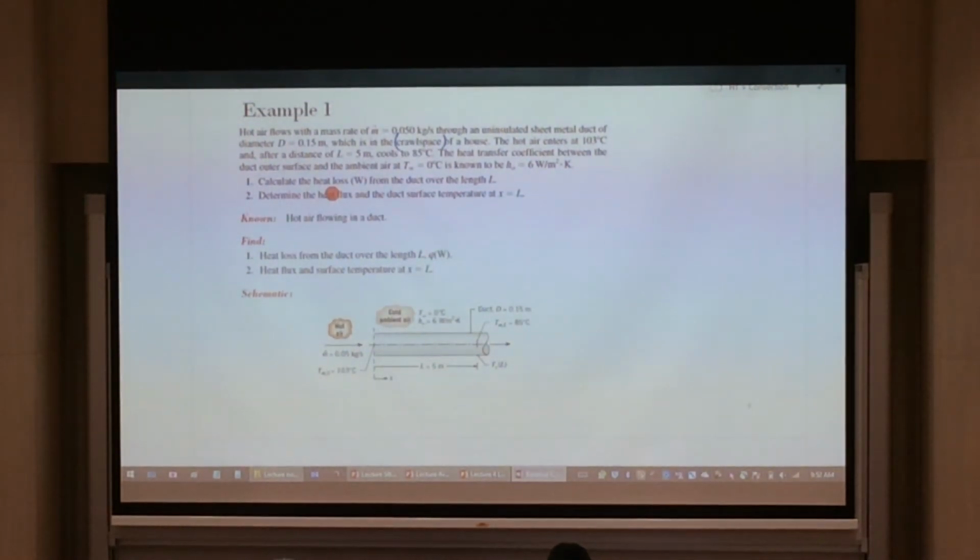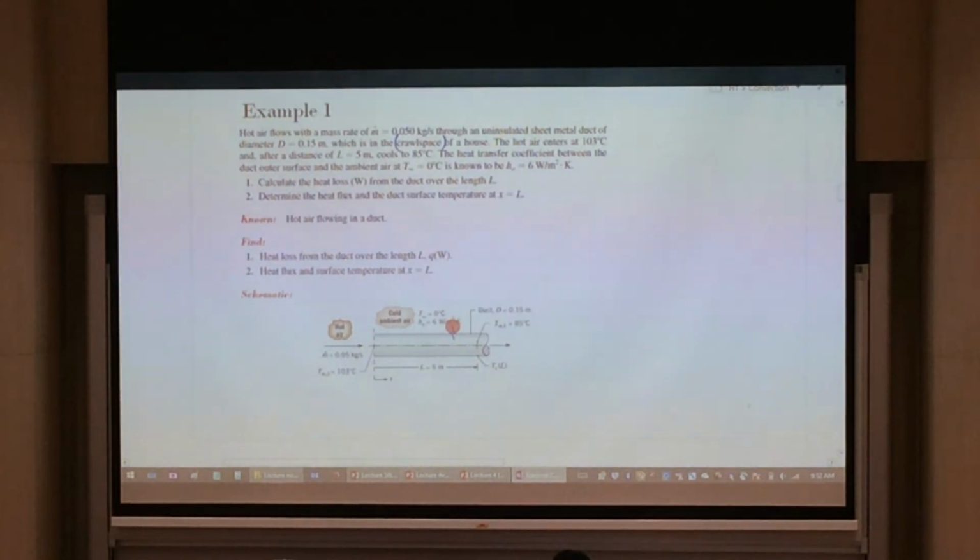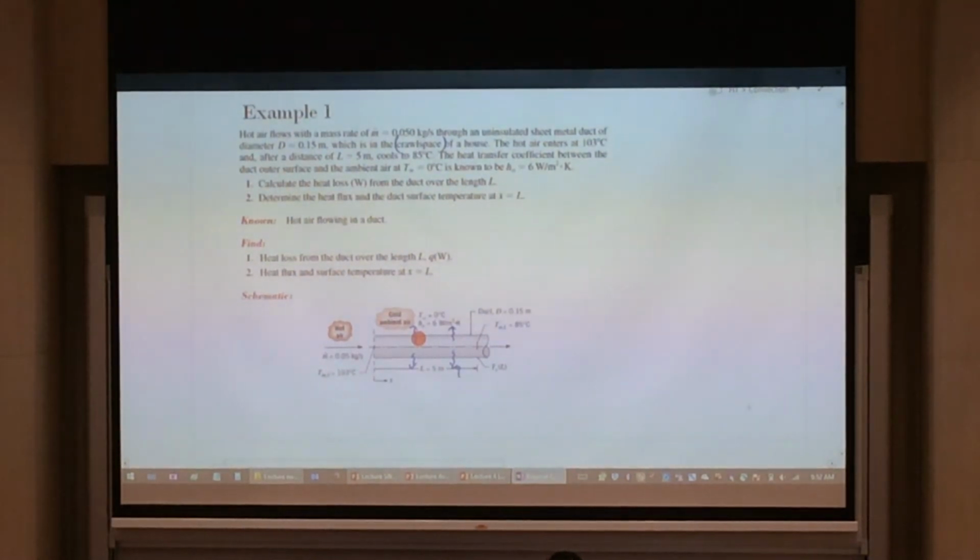Heat loss. Why is that heat loss? That's because you have fluid that's entering at 103, exiting at 85. That means heat is actually transferring out radially along the way. Why radially outward? That's because your ambient temperature is at 0 degrees Celsius. So heat transfers from hot to cold, so it's transferring outward. So this kind of thing is not going to be mentioned in the question. You got to look at the question.